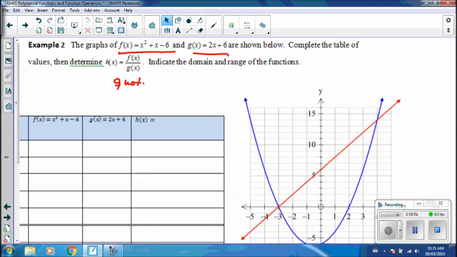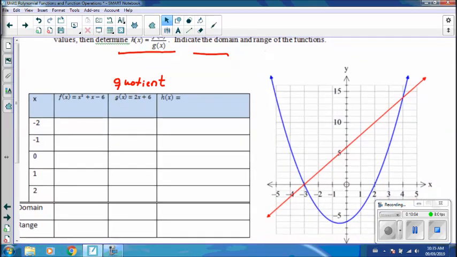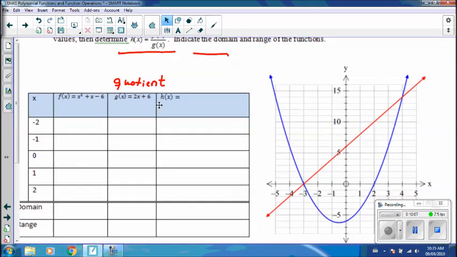So just like before, we're going to have a table of values to fill in for these functions. And I'll just do that quickly, and then we'll see the next step. So here, -2, f of x is -4, g is 2, -6, and 4, -6, and 6.